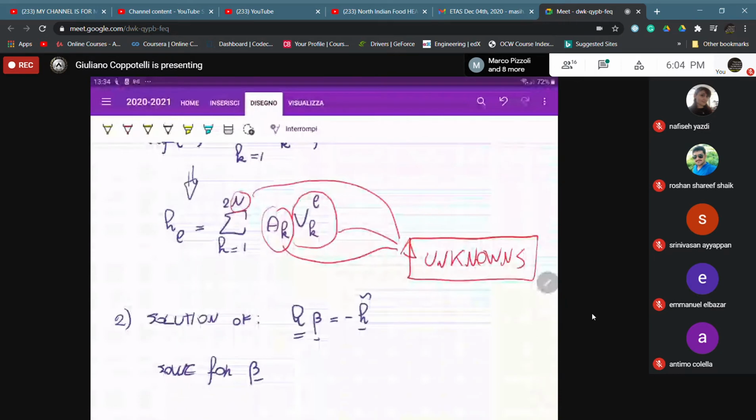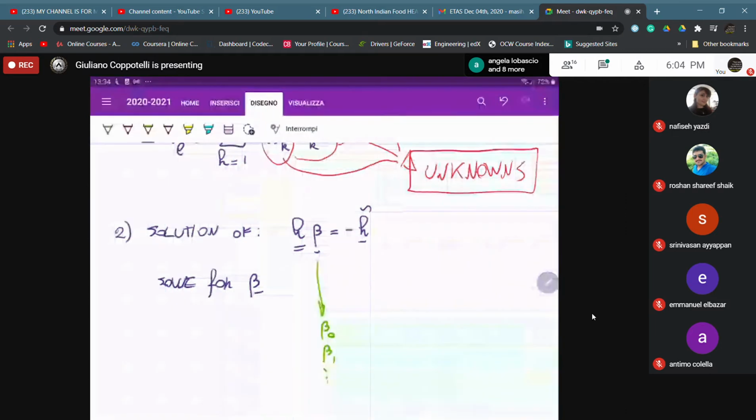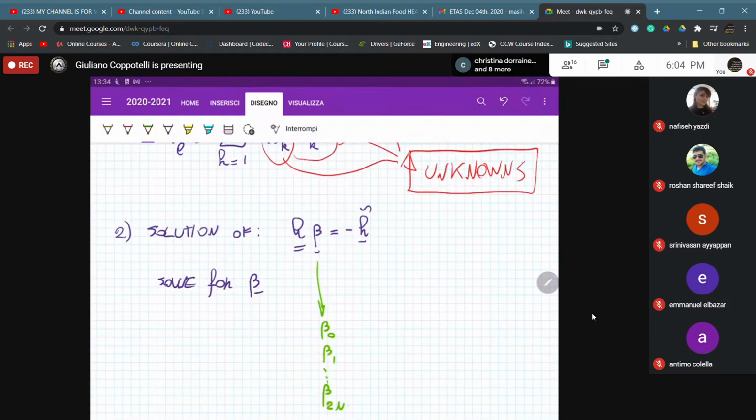Remember, those are the coefficients that we fictitiously introduce. So we have beta 0, beta 1, up to beta 2n minus 1.